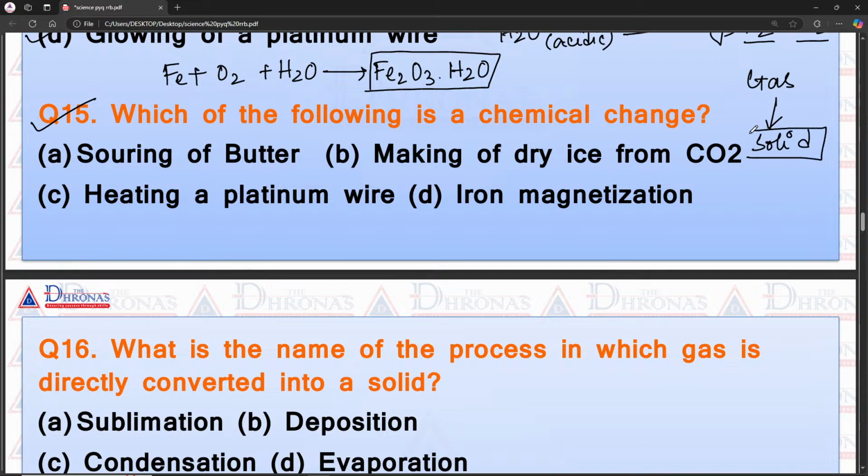When you convert a gas into a solid, it's a state change. In solid form it is carbon dioxide, and in gaseous form it was also carbon dioxide. So nothing changes chemically here. So it's a physical change.